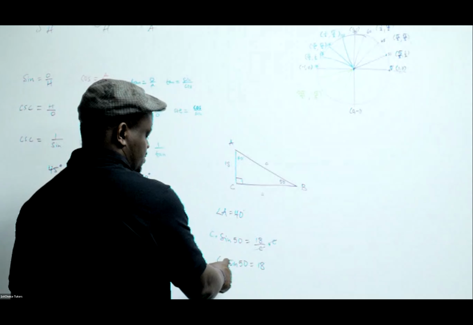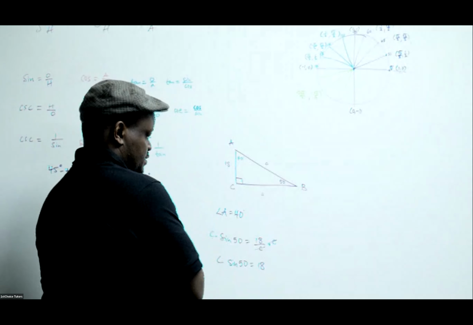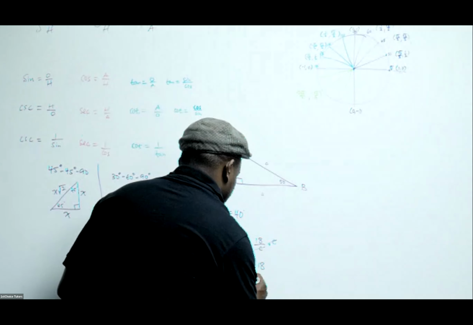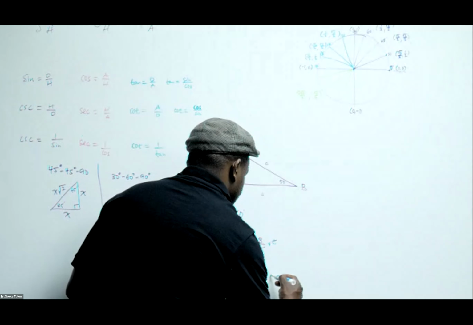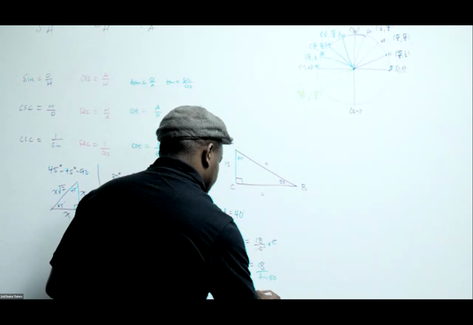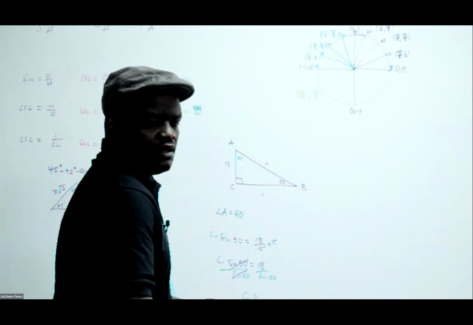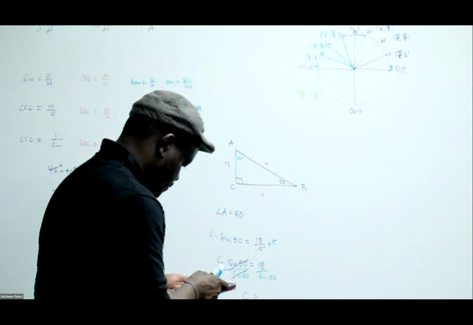They're being multiplied. So how would you undo it? Divide both sides by sine 50. So those cancel, and then you let the calculator do this for you. So C equals 18 divided by sine 50.